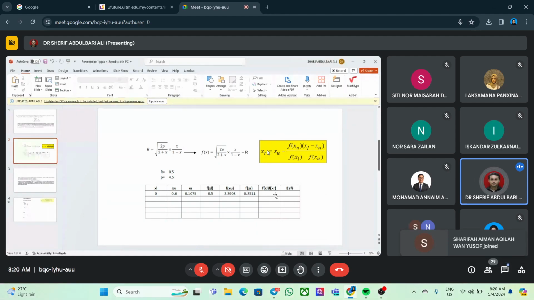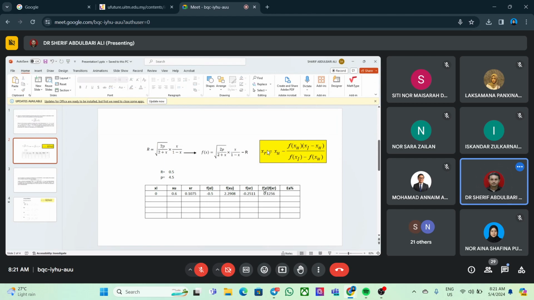You check if the value is greater or less than 0, then you exchange the value. In our case, the function of x lower times the function of xr is going to be greater than 0. So it means next iteration, x lower will exchange the value with the xr.